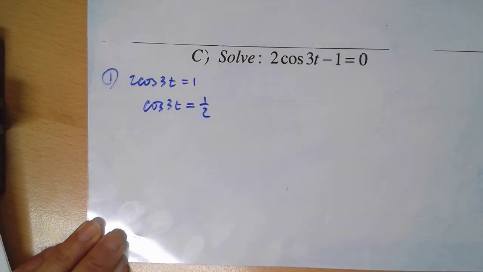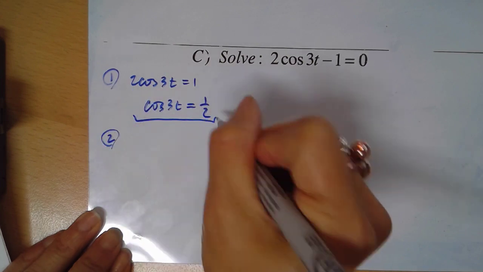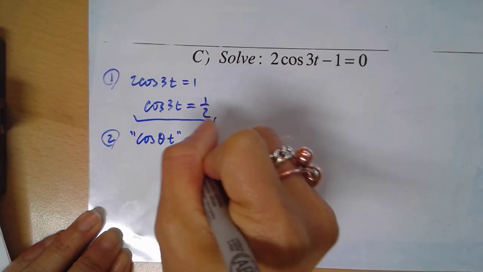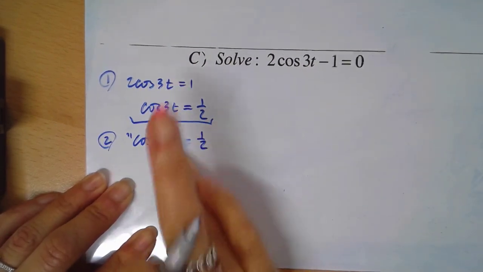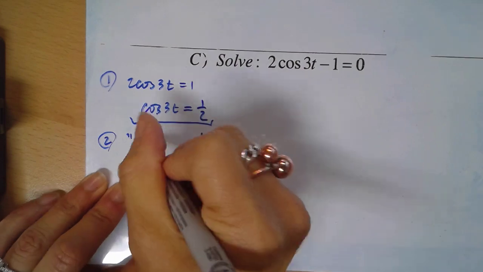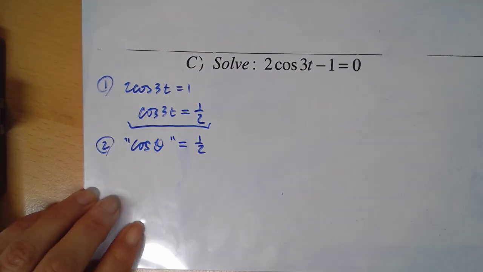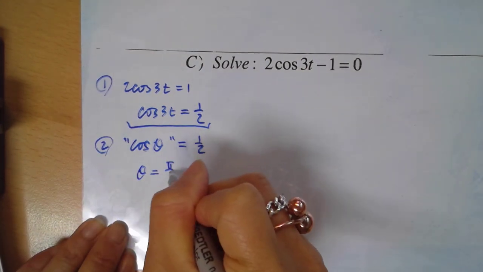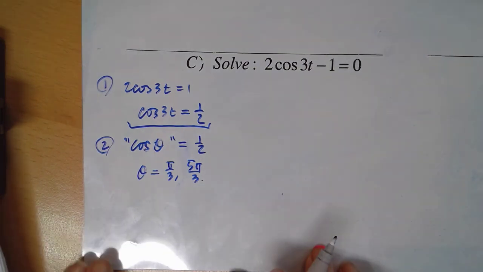Now you have to think in your head: if cosine is theta, when is it 1/2? Cosine theta is 1/2 when theta is pi over 3 and 5 pi over 3.